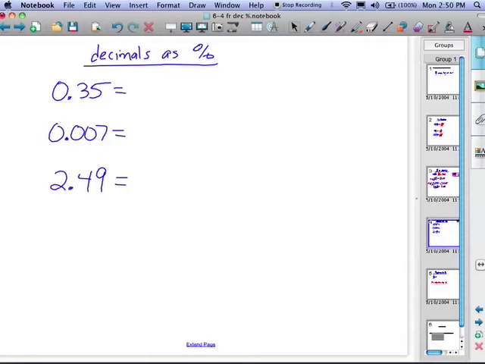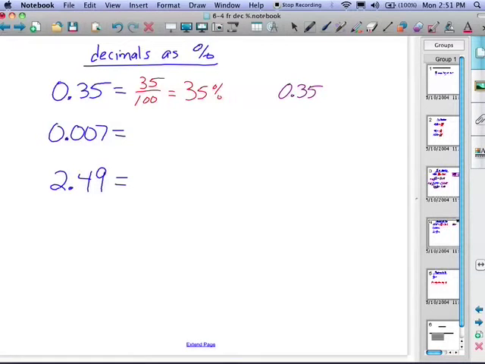Finally, now we're going to turn decimals back into percents. We could turn the decimal into a fraction, which would be 35 over 100, and that simply turns into 35%. But we also have a shortcut for this type of problem as well. So over here we'll write the 0.35, 35 hundredths again.